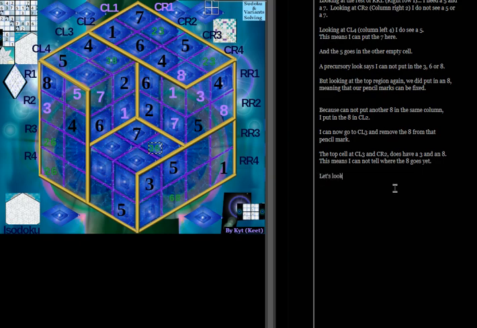So let's look at the region with column left 3 and column left 4.